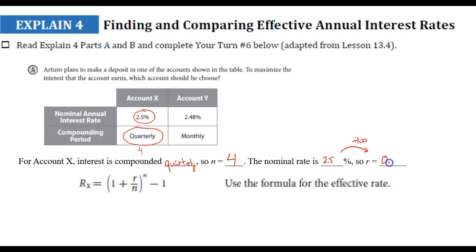That would be 0.025. Next, in our equation, we use the formula for the effective rate. We write 1 plus the rate, 0.025 divided by 4, to the 4th power, since n is 4, minus 1.